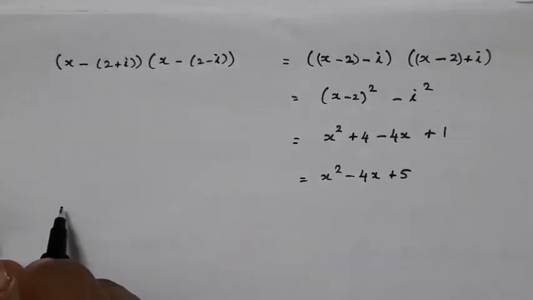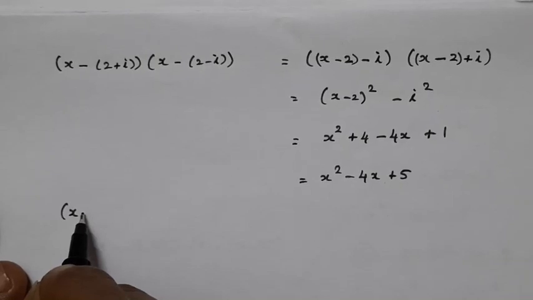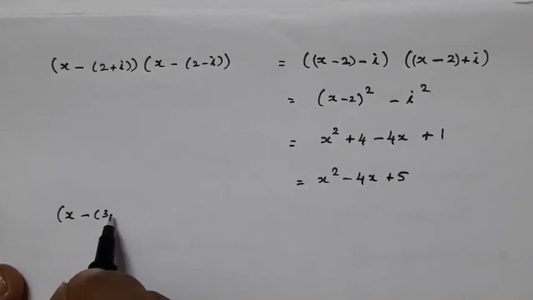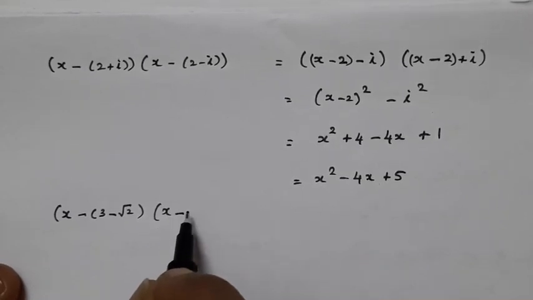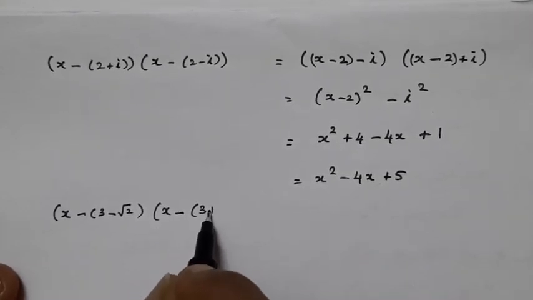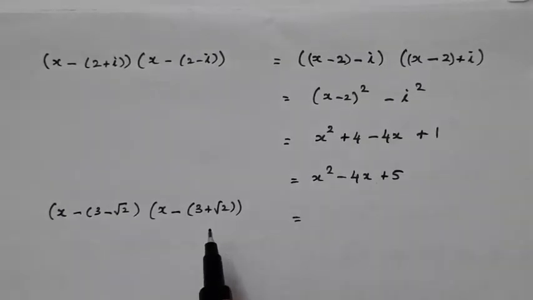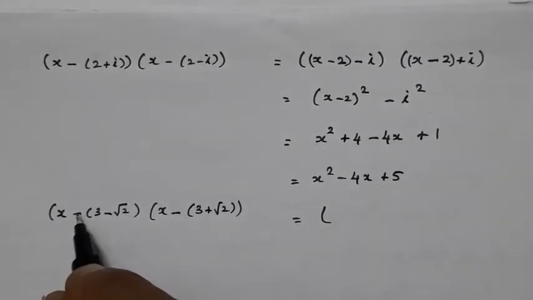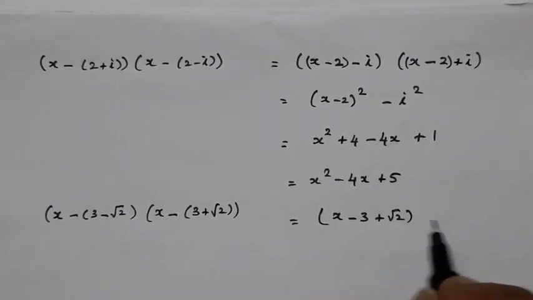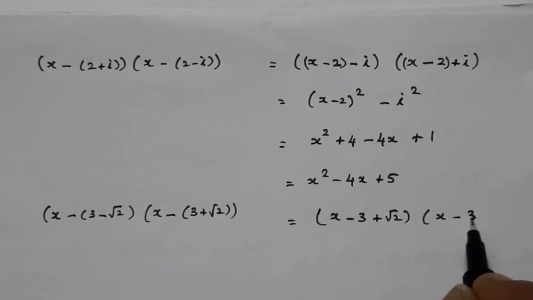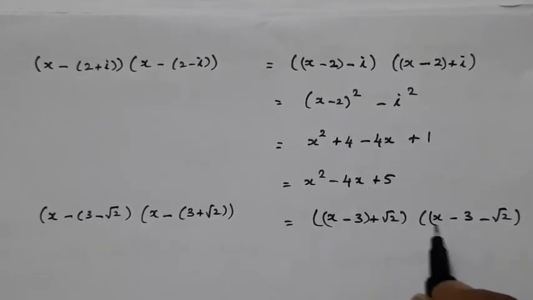Then let us multiply the other two factors. The third factor is x minus (3 minus root 2), and the fourth one is x minus (3 plus root 2). Taking the minus inside, it will become x minus 3 plus root 2, and x minus 3 minus root 2. Here let us group x minus 3.